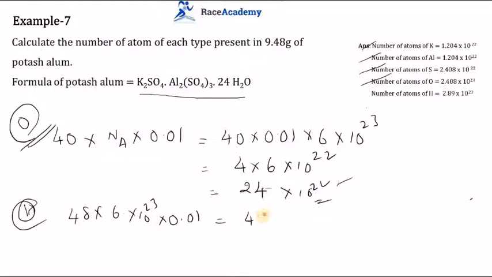Then it is 48 into 6 into 10 to the power of 21. After simplification, 6 8s are 48, 6 4s are 24, 24 plus 4 is 28, so 288 into 10 to the power of 21, or else you can write 2.88 into 10 to the power of 23 also.